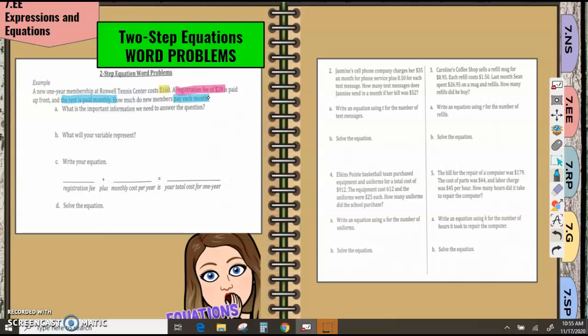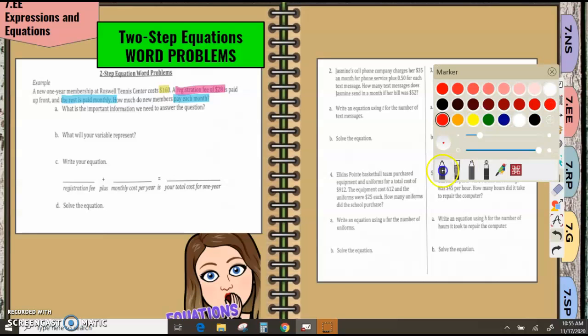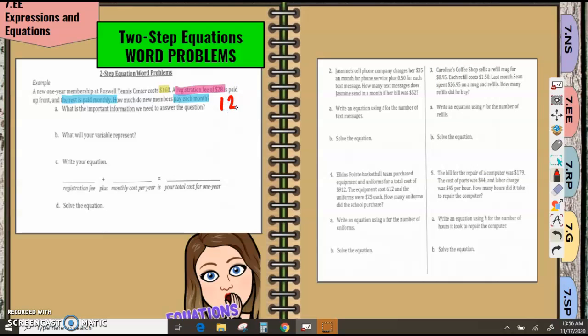Now, it says that the rest of it, they pay monthly. Well, I know there are 12 months in a year. So whenever I set this up, and I have my variable that represents how much they pay each month, this variable is going to need a 12 as the coefficient because we're dividing whatever's left over into 12 months to figure out how much is going to be paid each month.